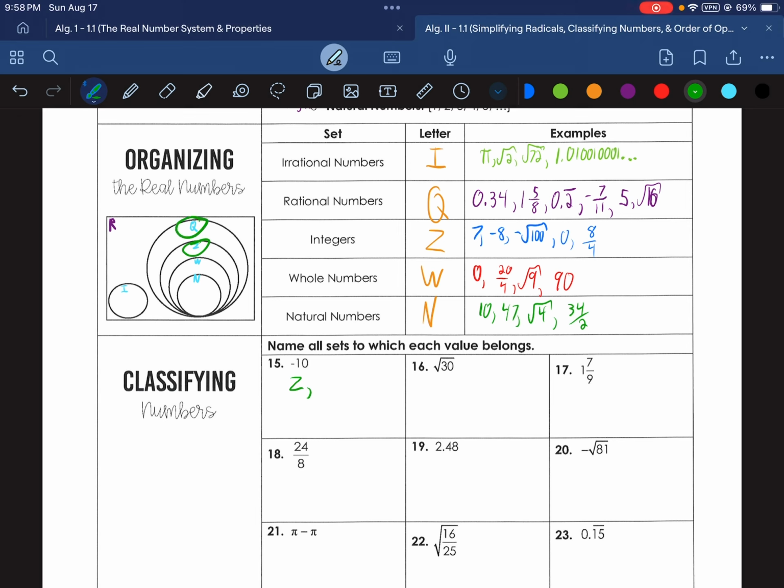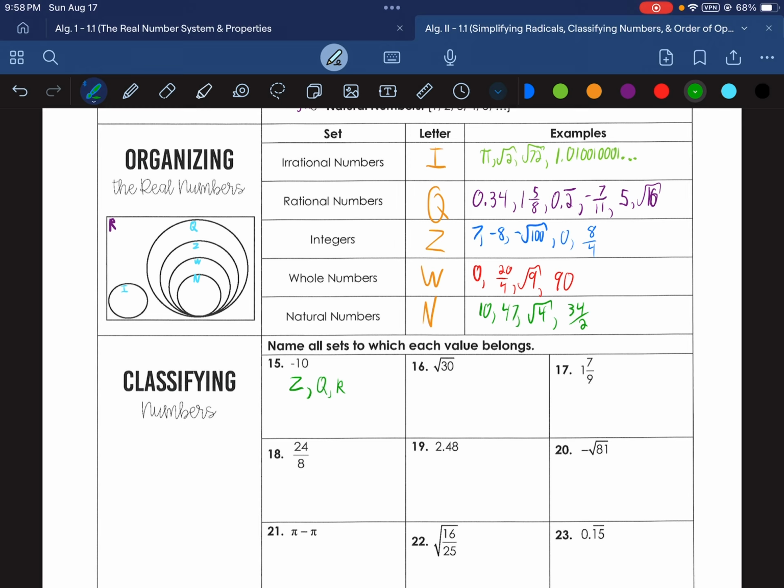However, because it's an integer, it's automatically rational, Q, and it's automatically real, R. So we're going to put Z, Q, and R. On some of these, especially if it's a natural number, you're going to be writing quite a lot of letters here, which is why writing letters is very helpful rather than writing the entire word out. I would encourage you to pause the video here and practice these examples on your own to the best of your ability, and then come back to the video and keep playing it once you've had a chance to answer some of these.